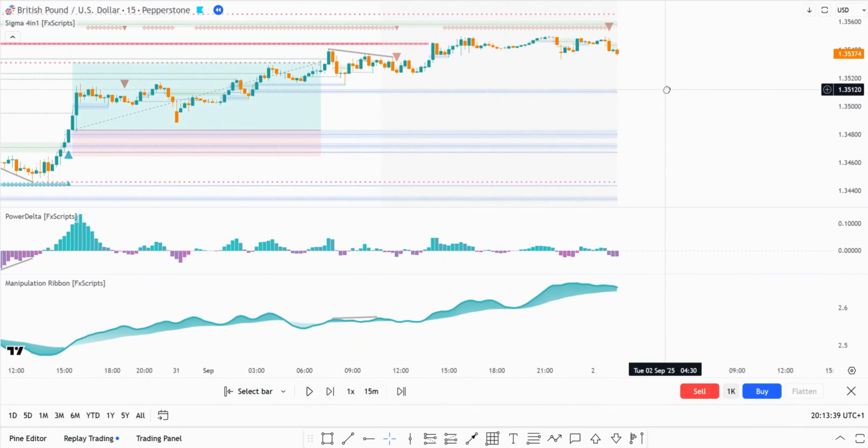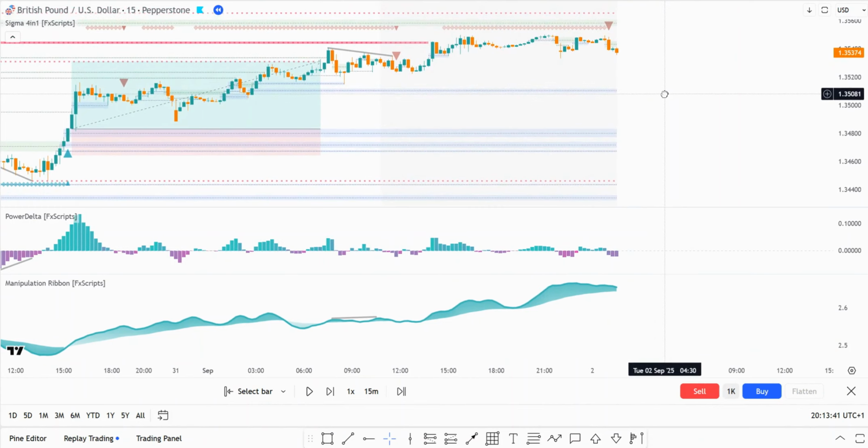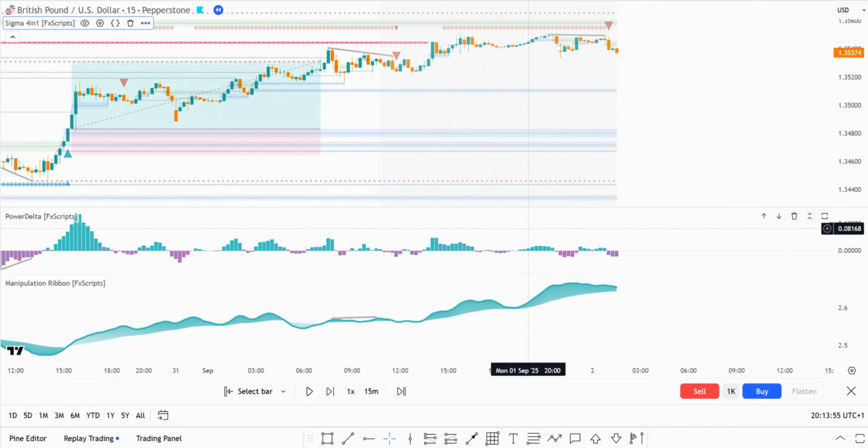Okay, so this is now painted to the downside. If we draw this on, is this a valid top edge? You can see here, looking at the manipulation ribbon, that has actually gone to the upside.